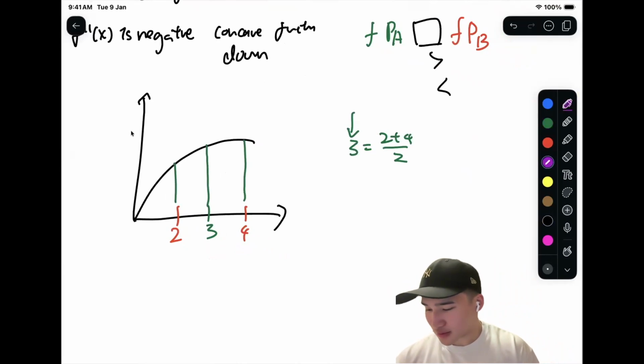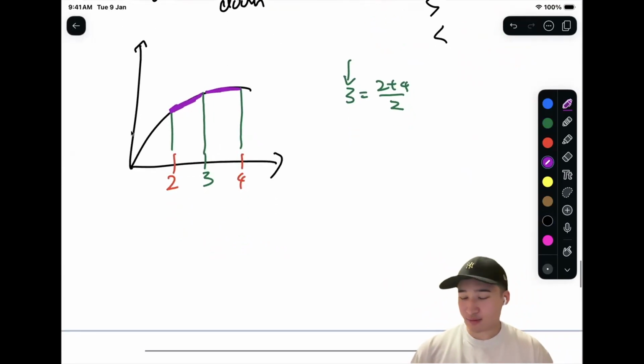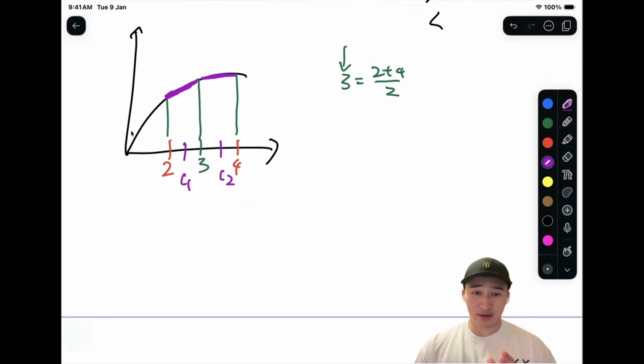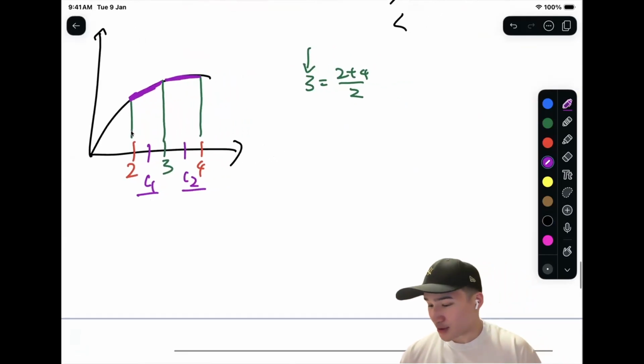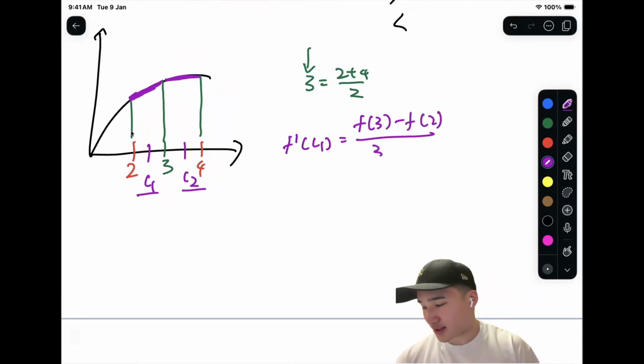So we want to draw a line here and here, going across. This is the average line. Now we can use the mean value theorem. We can get a C1 here and a C2 here, which look irrelevant, but are actually super important, as we're going to see in a bit. By the mean value theorem, F prime C1 is equal to F3 minus F2 over 3 minus 2.